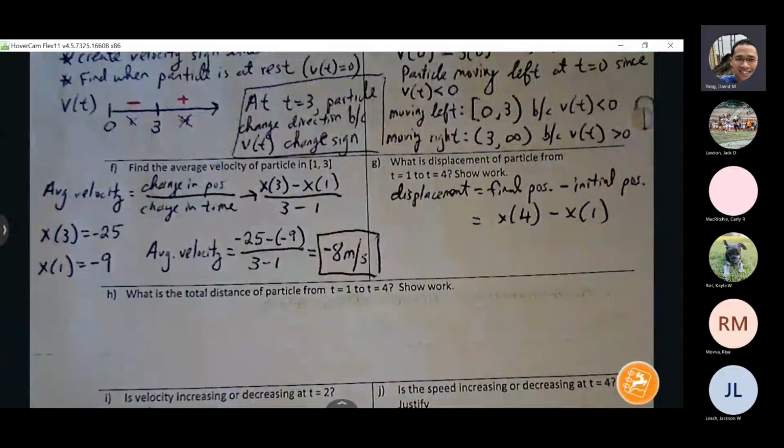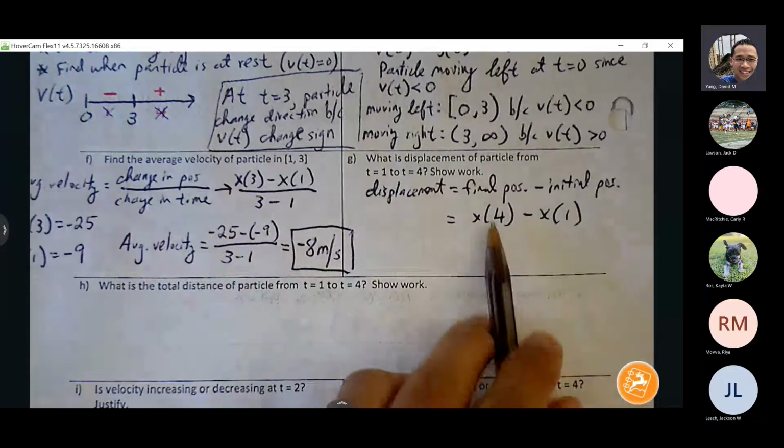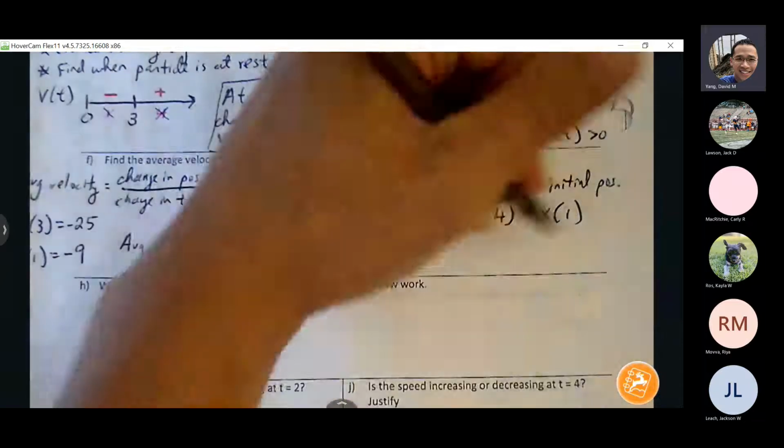And that's it. So if it's negative, then you leave it negative. If it's positive, you leave it positive. Don't make any adjustment. Whatever you get, that's your displacement. So 4 into the position function will give me negative 18.